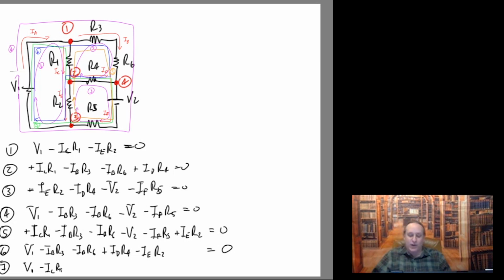Then it follows current ID, so minus ID times R4, goes across battery V2 opposite to the way that V2 is trying to push the current, so it gets a minus sign. Then we have a minus IF R5. And that's it. We get back to the beginning.